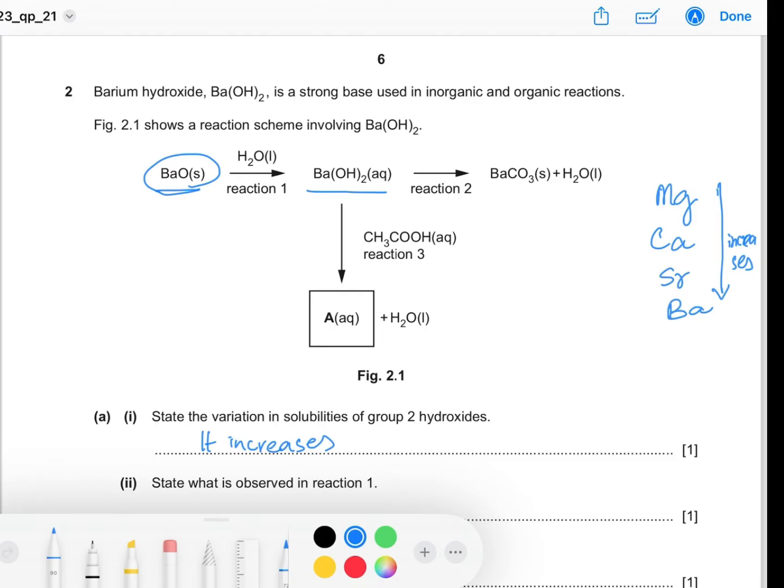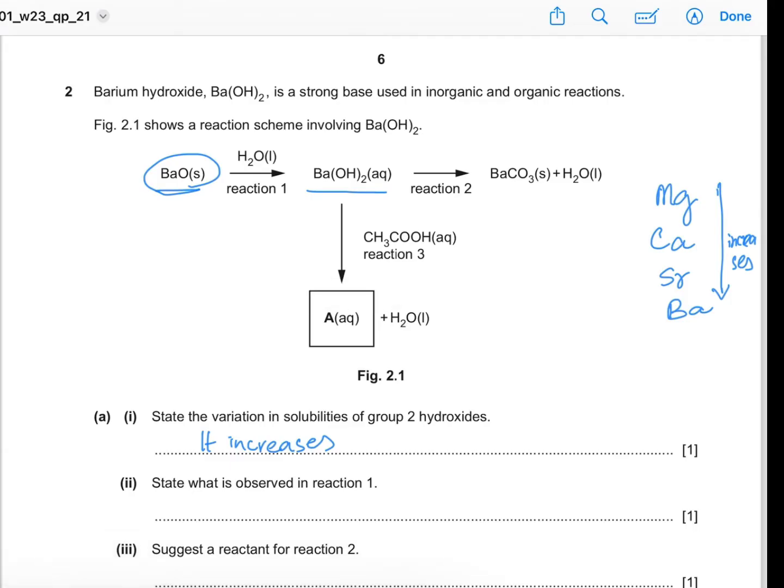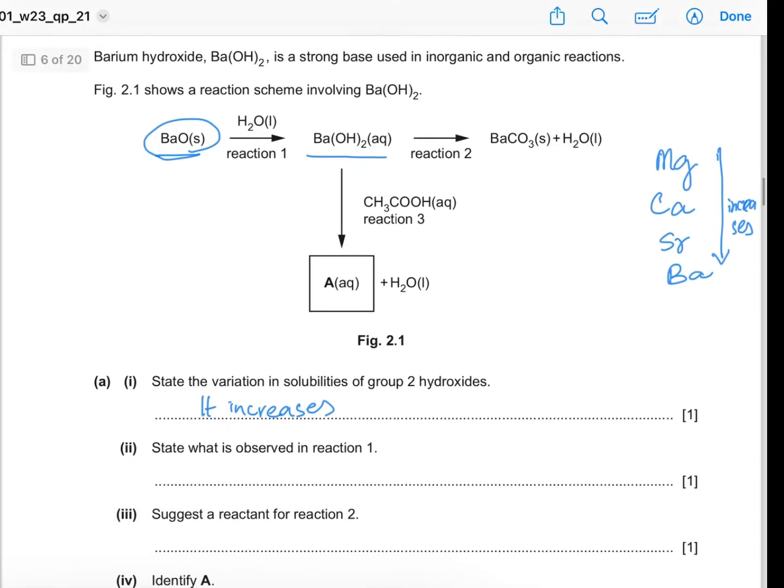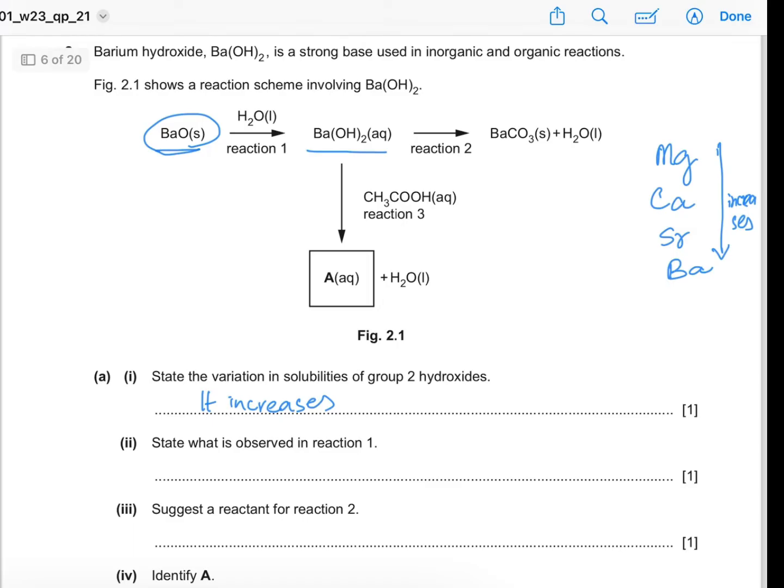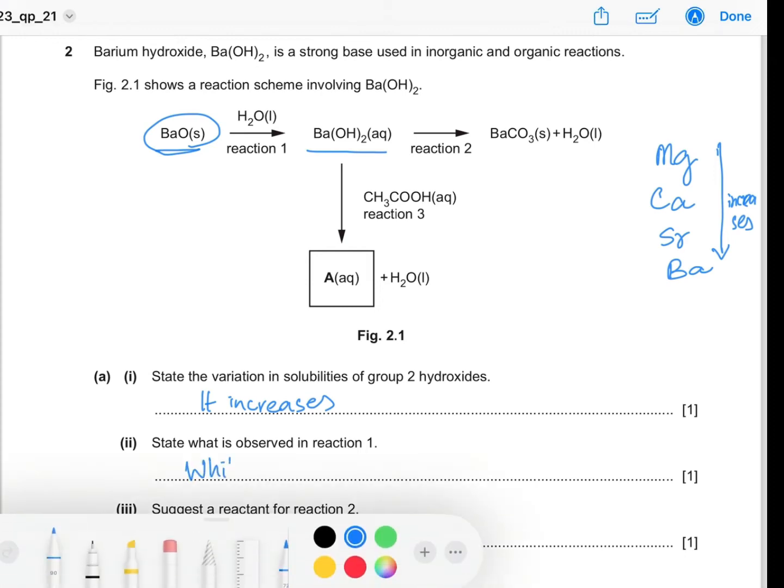Most of group 2 precipitates are white in color, so it's helpful to keep that in mind. This question is mainly based on memorization based knowledge.